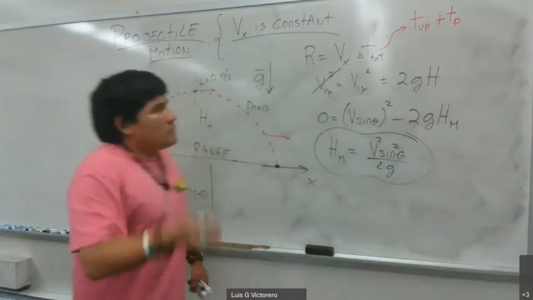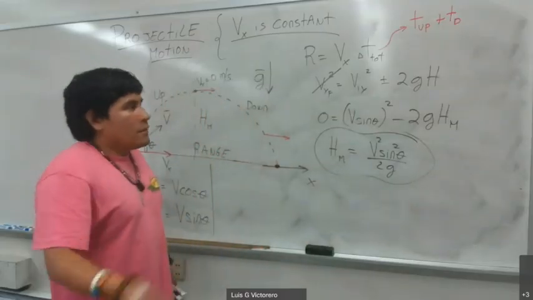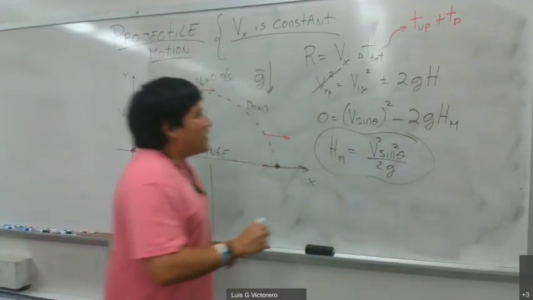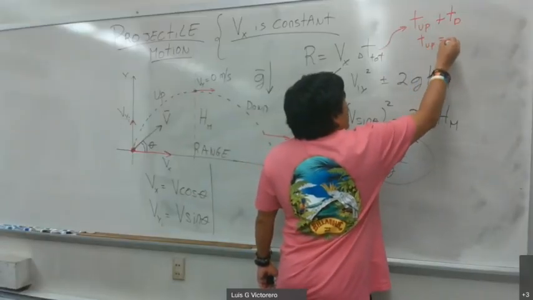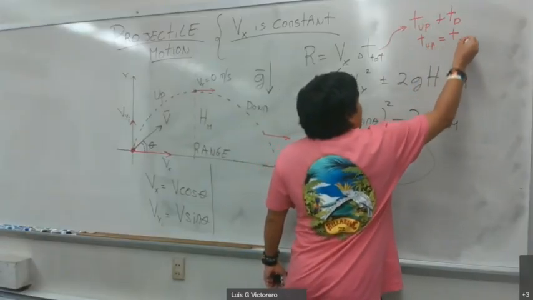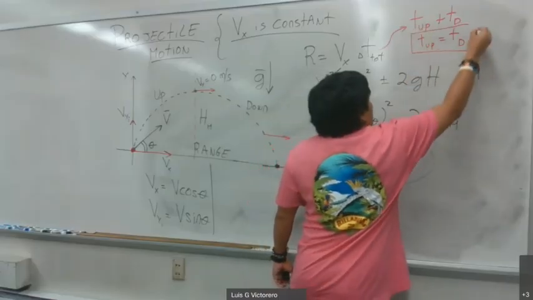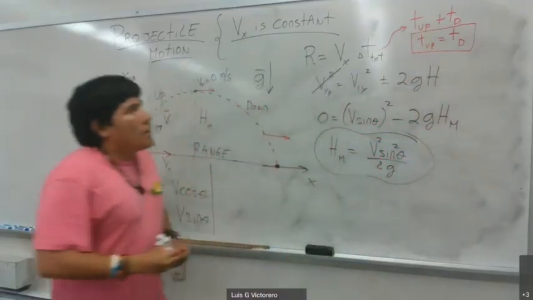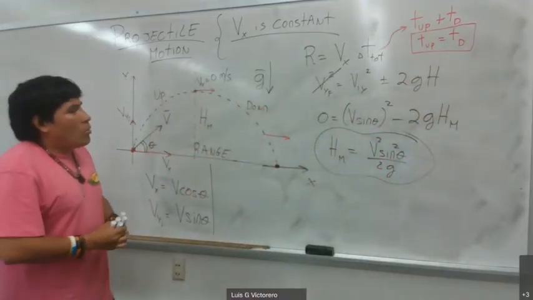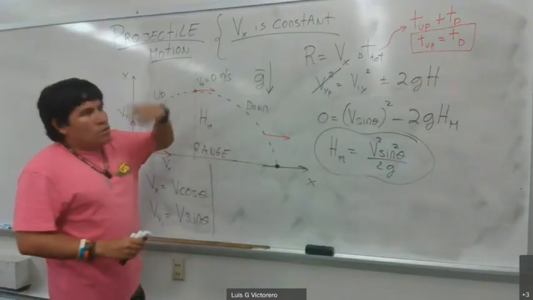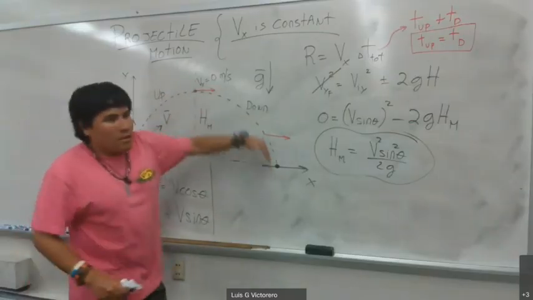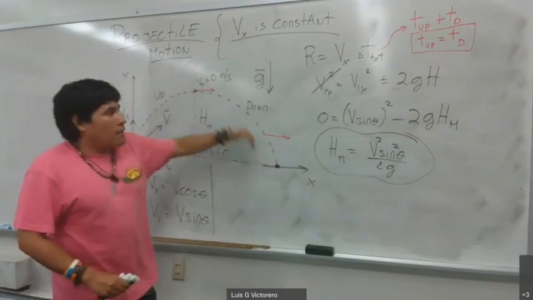Well, that makes sense. But because of symmetry, we know that the time to go up is equal to the time to go down. That's a very important result. So if I compute the amount of time to go up, I multiply by 2 and I get the total time. That's called the flying time.